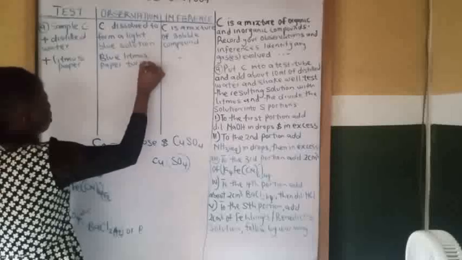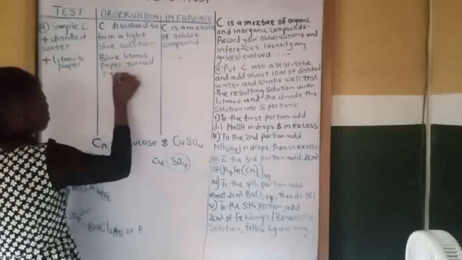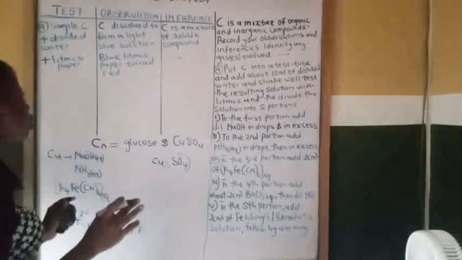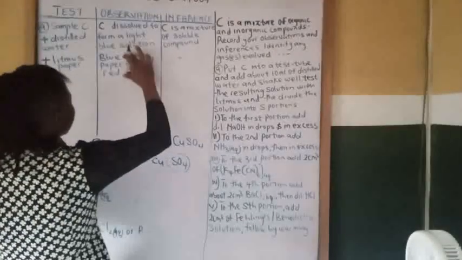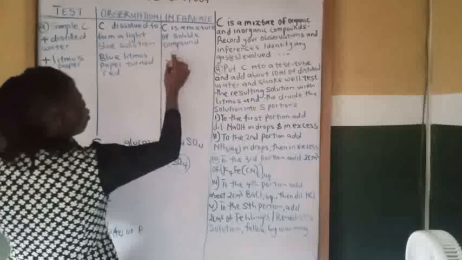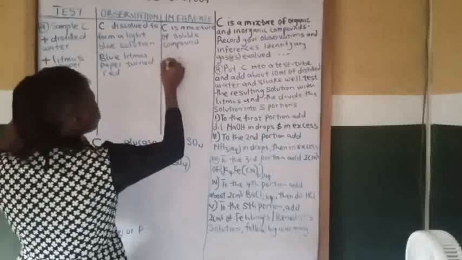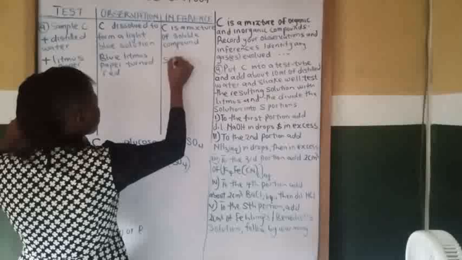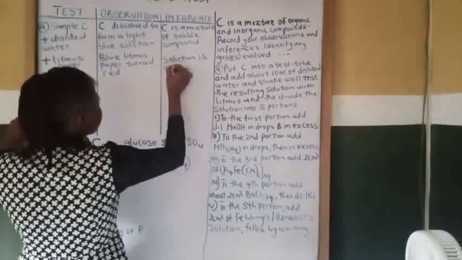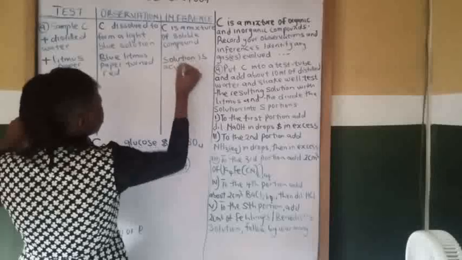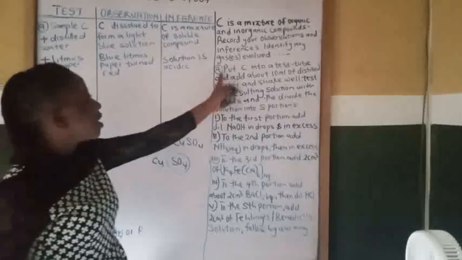Blue litmus paper turned red. So it shows that the solution is acidic. So what will be your inference for this second step? Solution is acidic. So you have answered A.